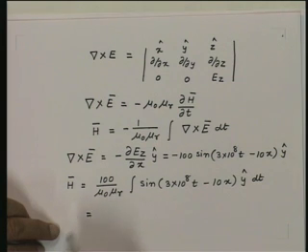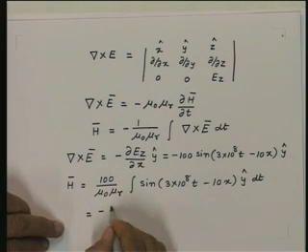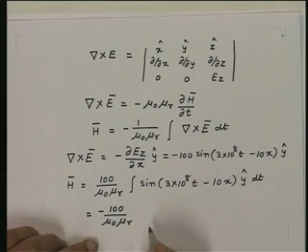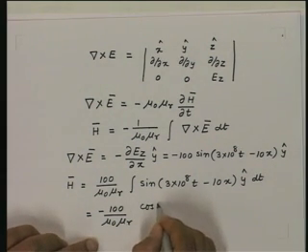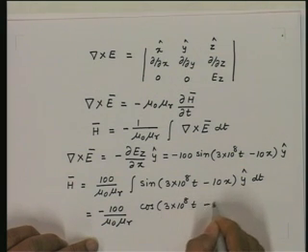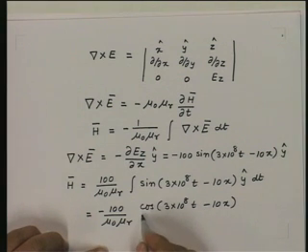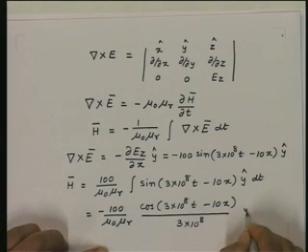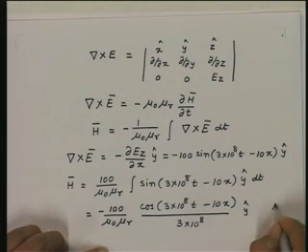So, you get the total magnetic field which is minus 100 upon mu 0 mu r cosine of 3 into 10 to the power 8 t minus 10x divided by 3 into 10 to the power 8, y cap, amperes per meter.